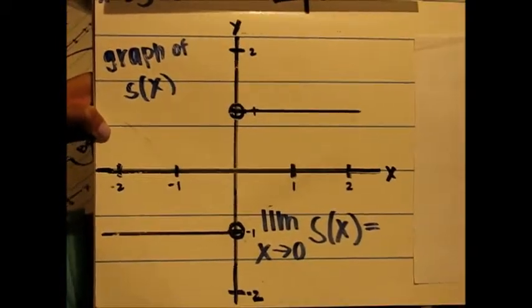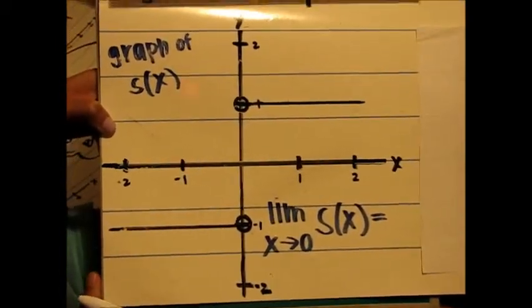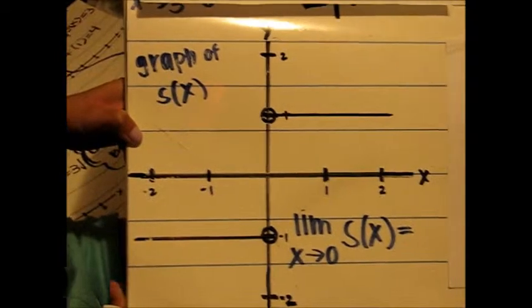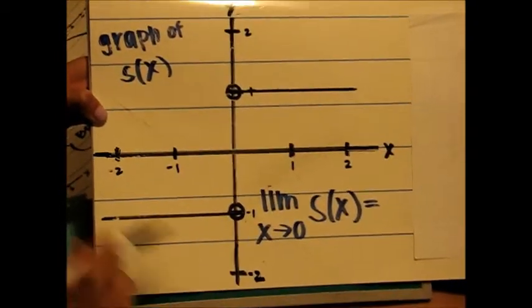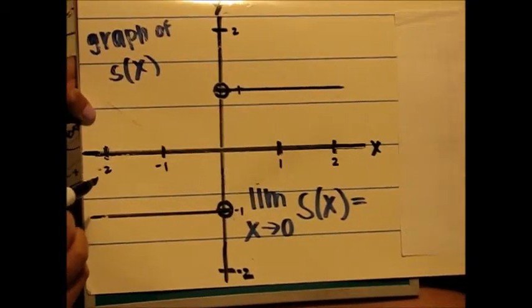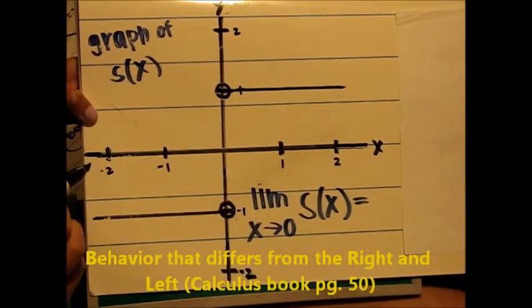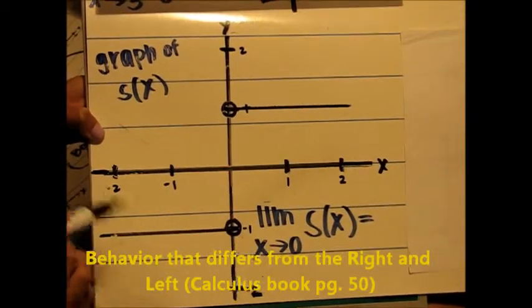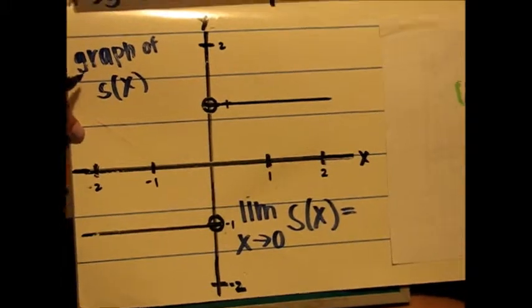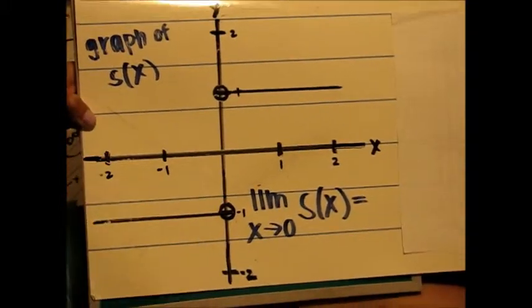So now I will go into the 3 types of behaviors that will give you a limit that does not exist. The first behavior is called a behavior that differs from the right and left side. So let's call this graph s of x.